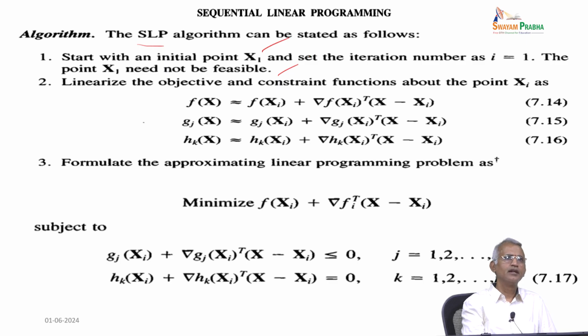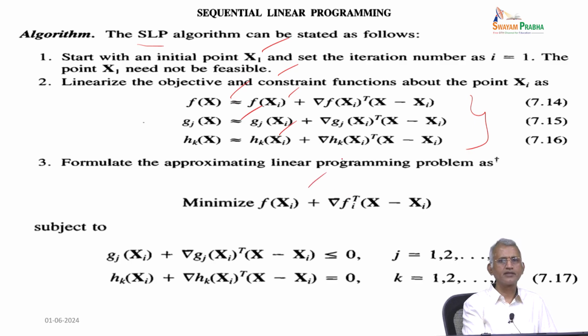Number 2, linearize the objective and constraint functions about the point xi as f of x approximately equal to f of xi plus gradient f of xi whole transpose times x minus xi, and gj of x approximately equal to gj of xi plus gradient gj of xi transpose times x minus xi, and hk of x approximately equal to hk of xi plus gradient hk of xi transpose times x minus xi.